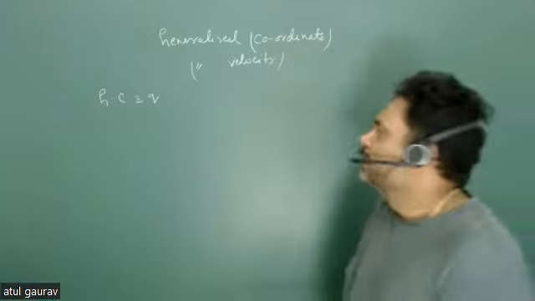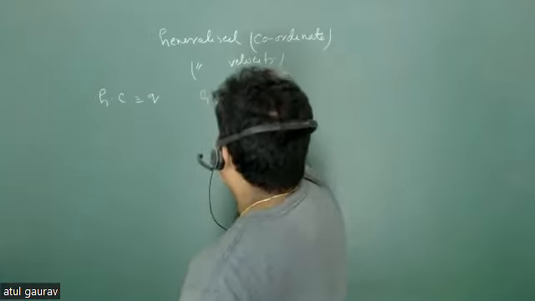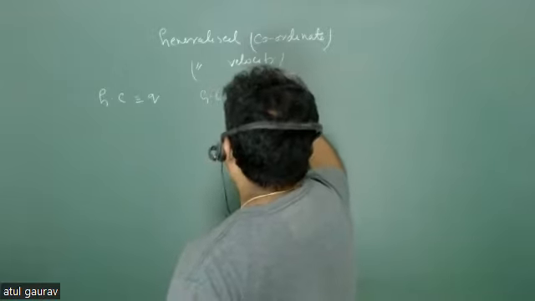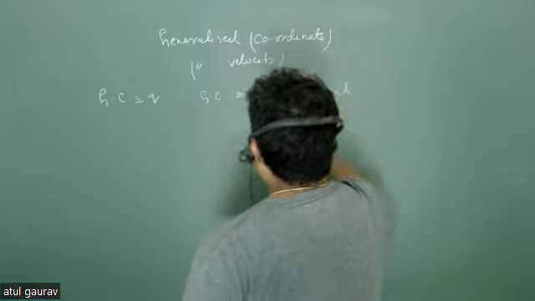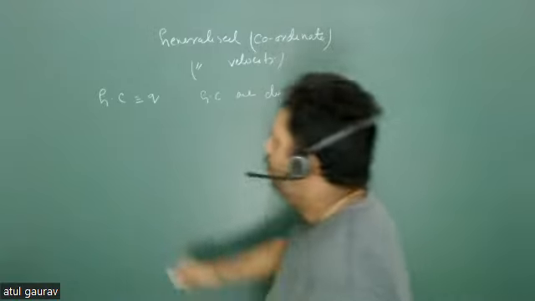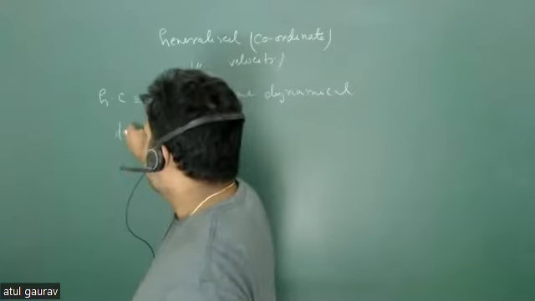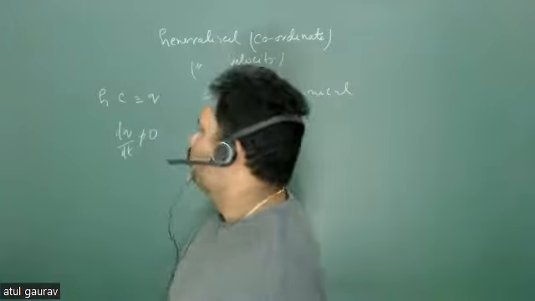So what is generalized coordinate? Generalized coordinates are dynamical variables. What is the meaning of dynamical variable? It means dq upon dt will not be equal to 0.